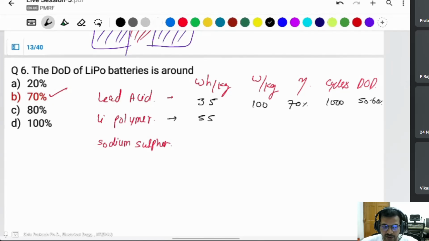Wattage is the same, and efficiency of this one is 70-80%. It will be 200 cycles. Cycle means one time charge and discharge. It is known as a cycle. DOD of this one is 70%.